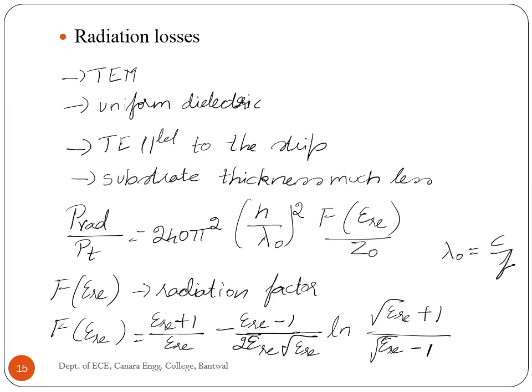C by F, the free space wavelength. The radiation factor decreases with increasing substrate dielectric constant.